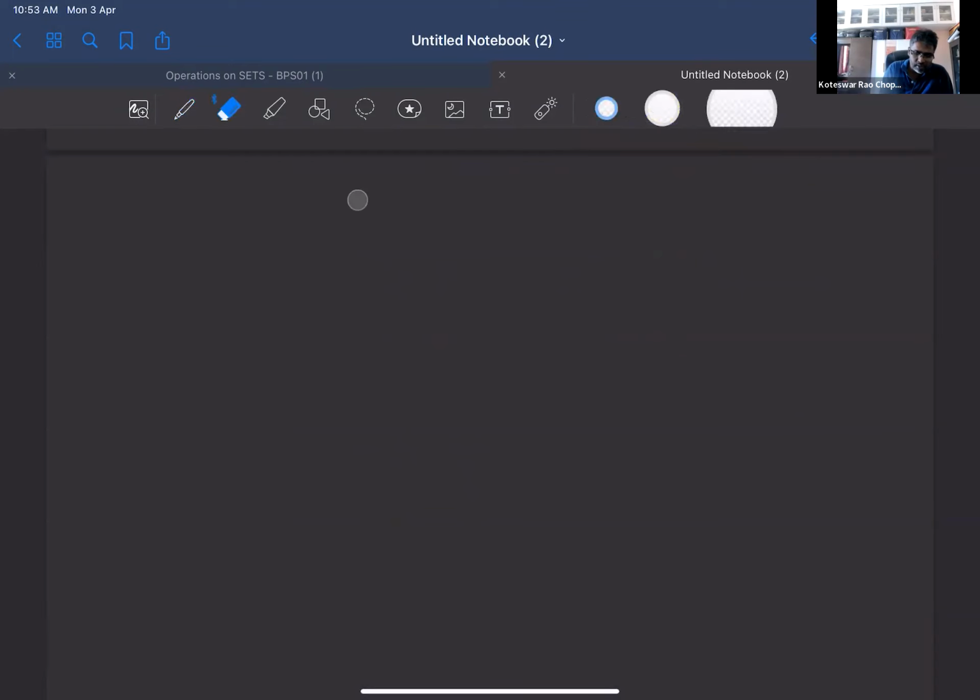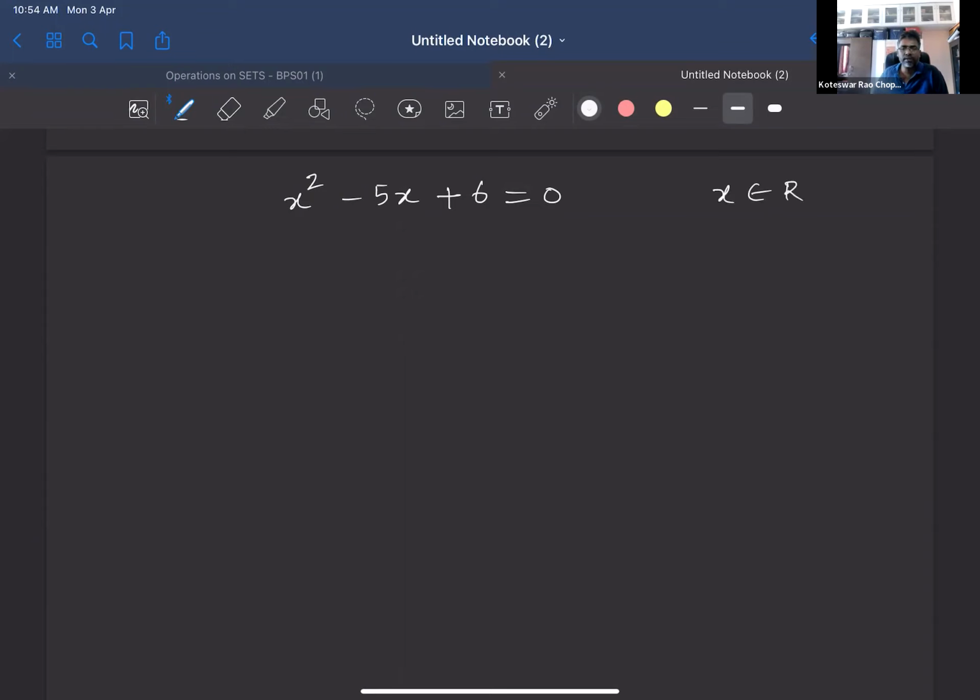Let's say x square minus 5x plus 6 equal to 0. I'll pause for a few minutes. Now try to solve this equation, where x belongs to real numbers. Solve this equation first.